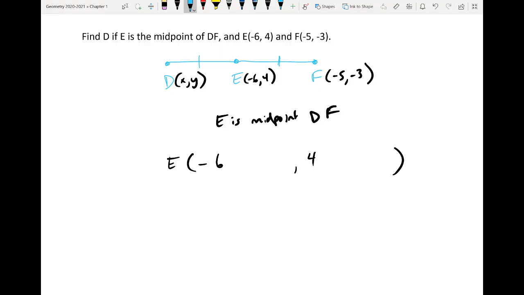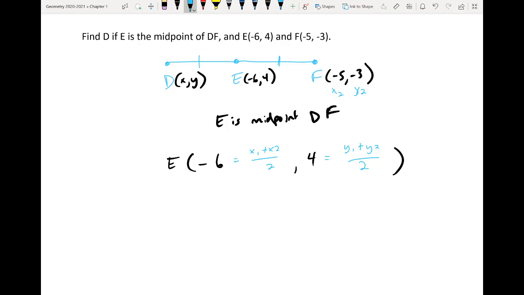We already know E, but the formula we used to find E was x sub 1 plus x sub 2 over 2, and to find the y portion, which is 4, it's y sub 1 plus y sub 2 over 2. We already know that negative 5 comma negative 3 is x sub 2 and y sub 2.